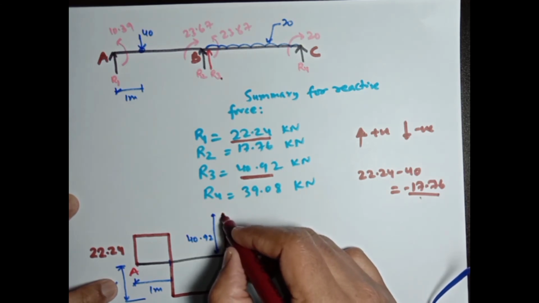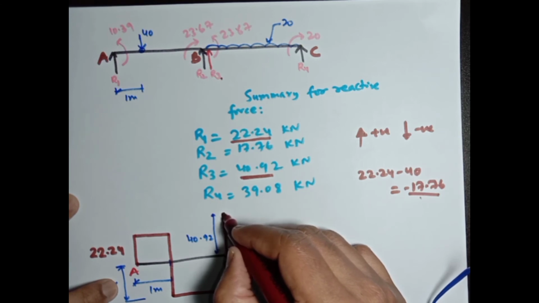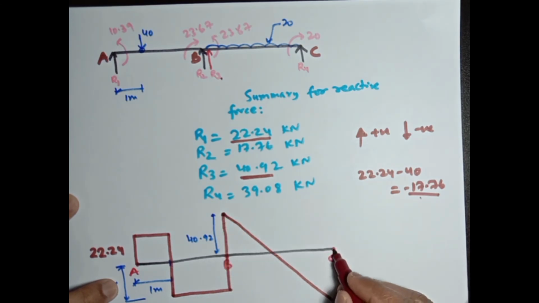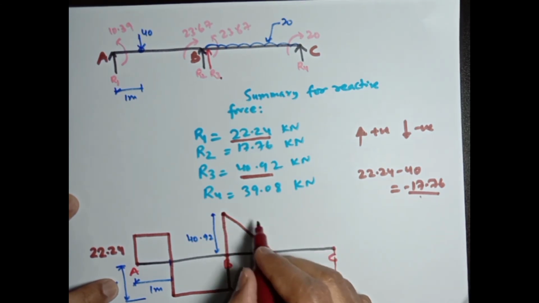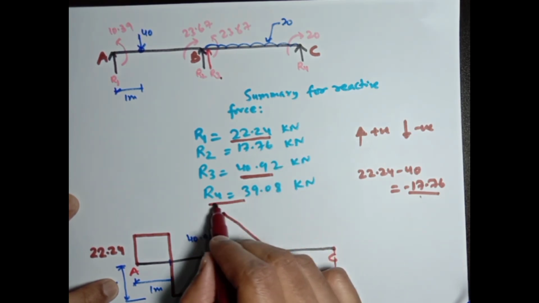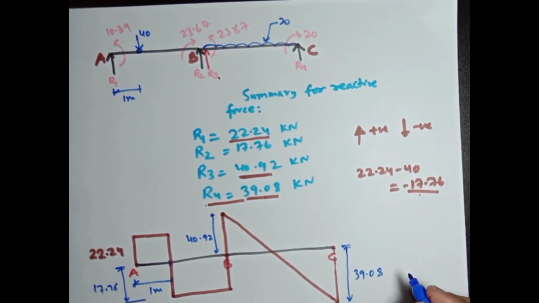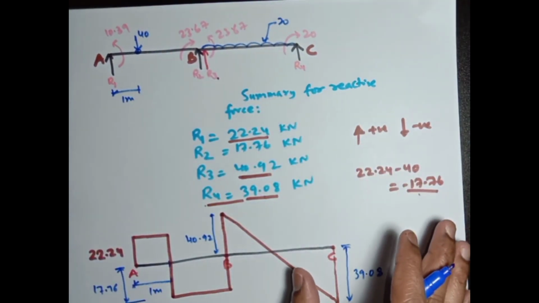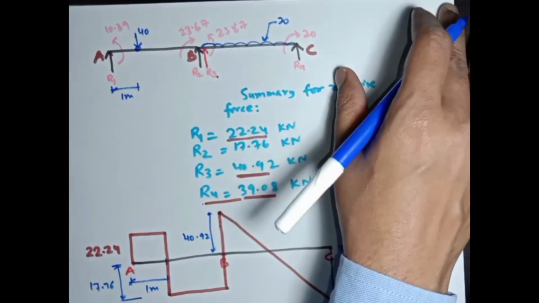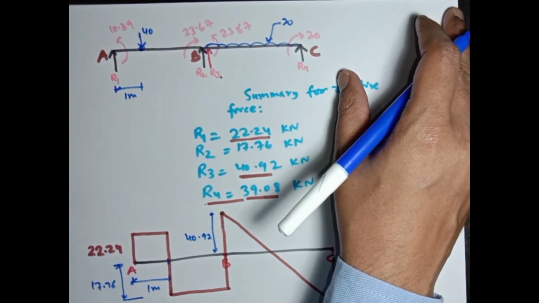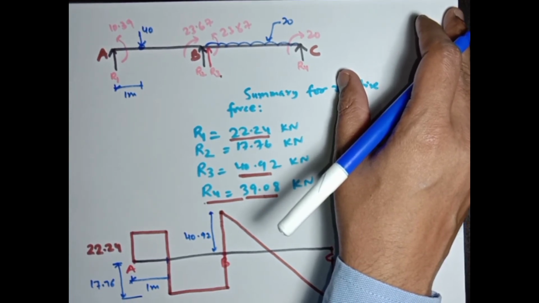So the shear force will change from here up to point C, and its value at R4, the reactive value, will be 39.08. You can detail it out, because I have given you all the loads here. If you are able to make any determinate beam, it is very easy to draw a shear force diagram.